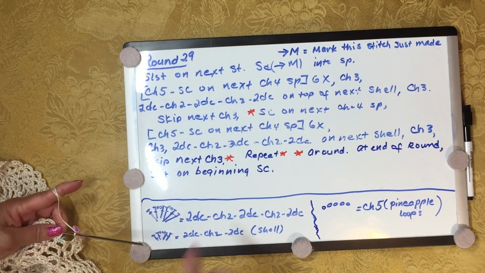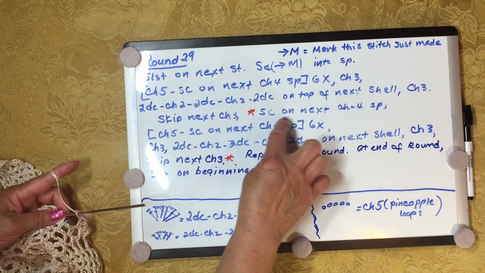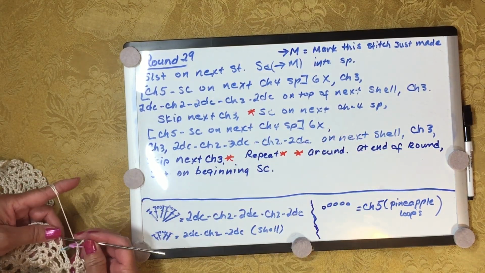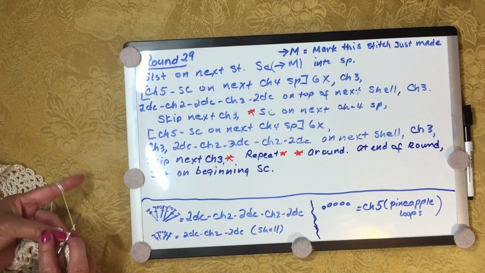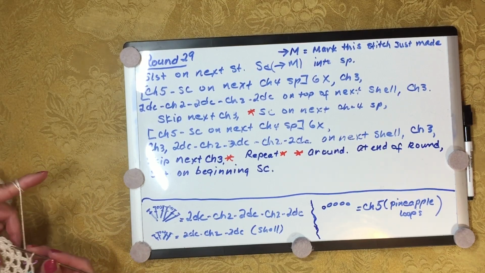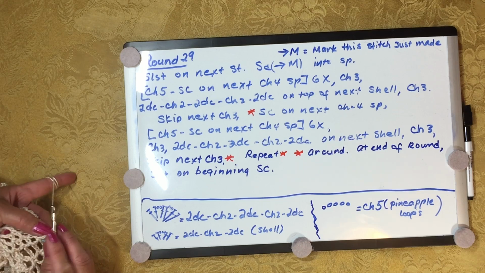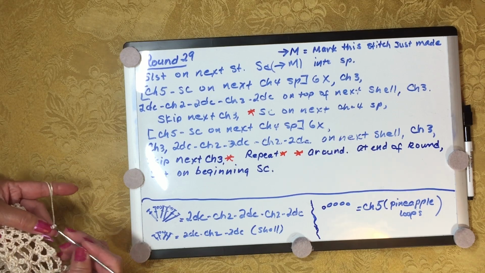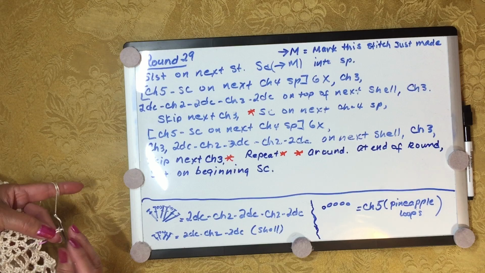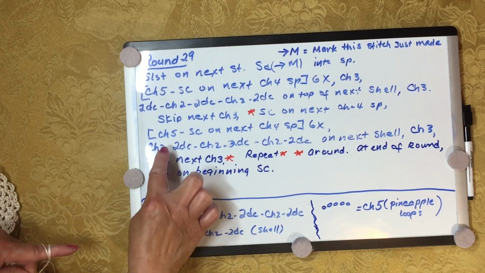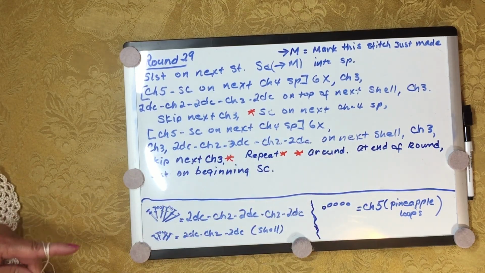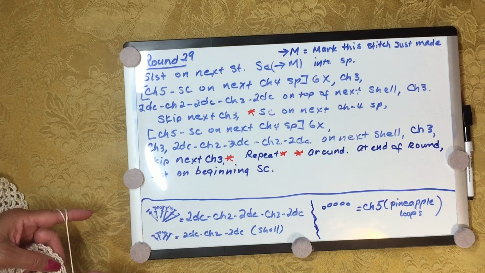So we repeat. So we single crochet on next chain 4 space. Then chain 5. 1, 2, 3, 4, 5. This one right here, 6 times.